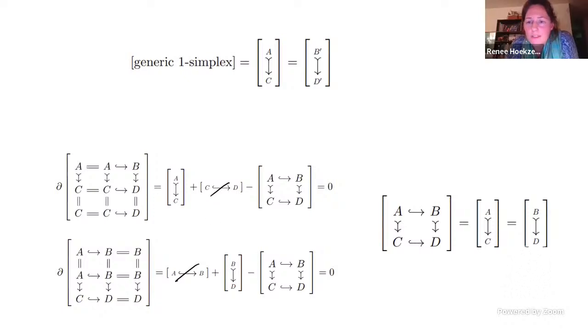This tells me that the cube coming from a cut and paste square can also be represented by either A goes to C or B goes to D. Here I had B prime going to D prime, as if I had a cube and I was also going in the cobordism direction, but here I can take two of the front vertical maps.